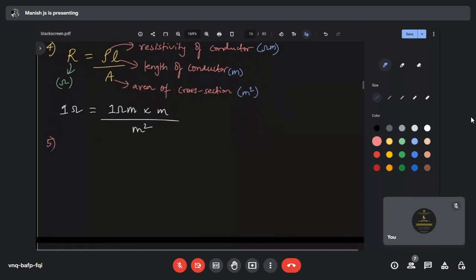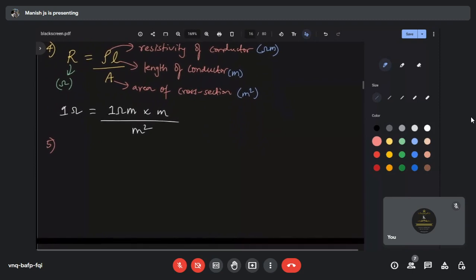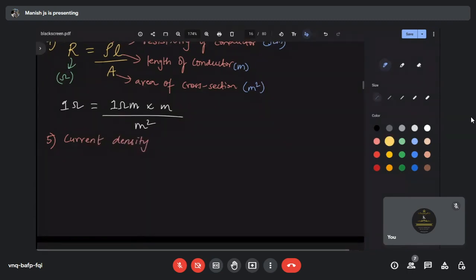Next, moving on to the fifth one, the next formula. You have something called current density. Current density is given by the letter J, small j.